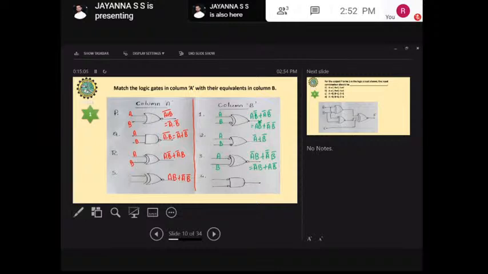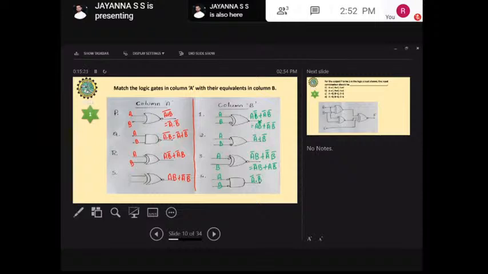Coming to the last one, I'm taking input as A and B here. The output here is A bar, and here also, since there is a bubble here, it will be B bar. I'm going to get A bar dot B bar.